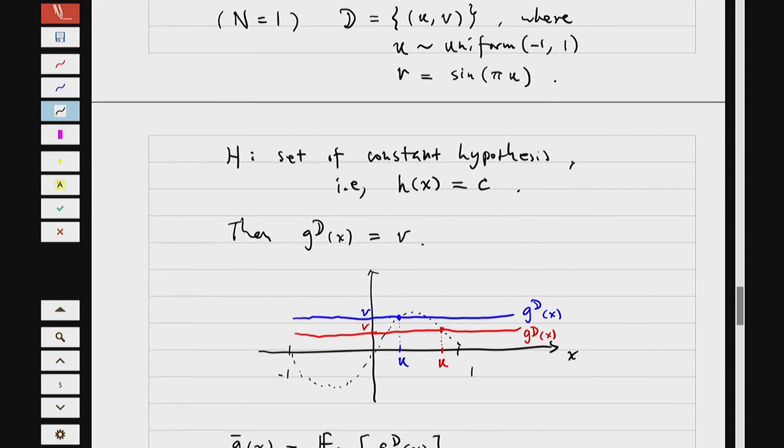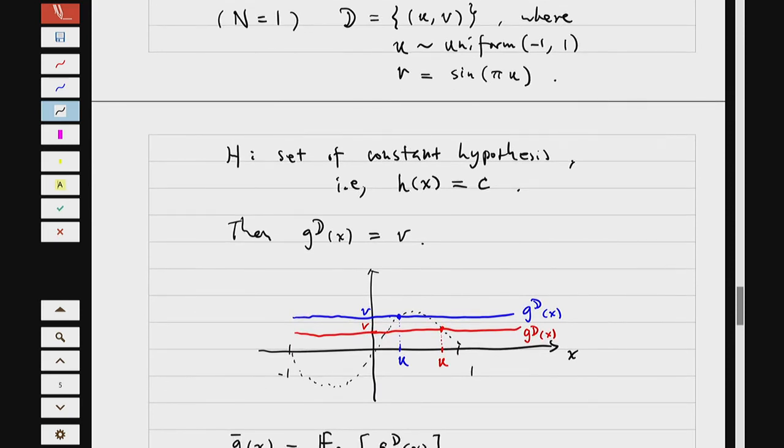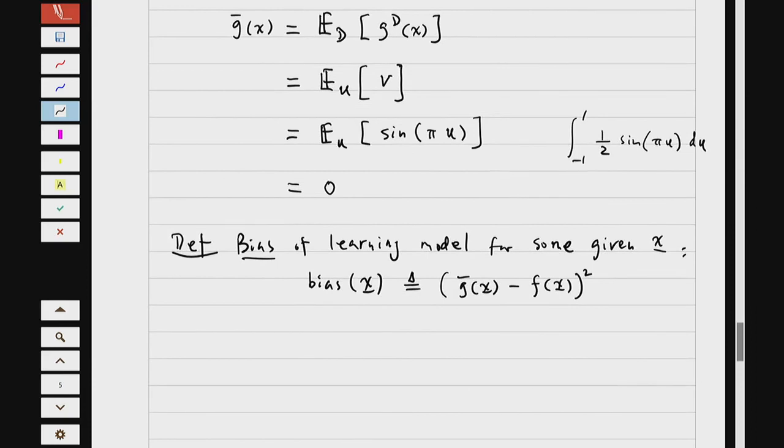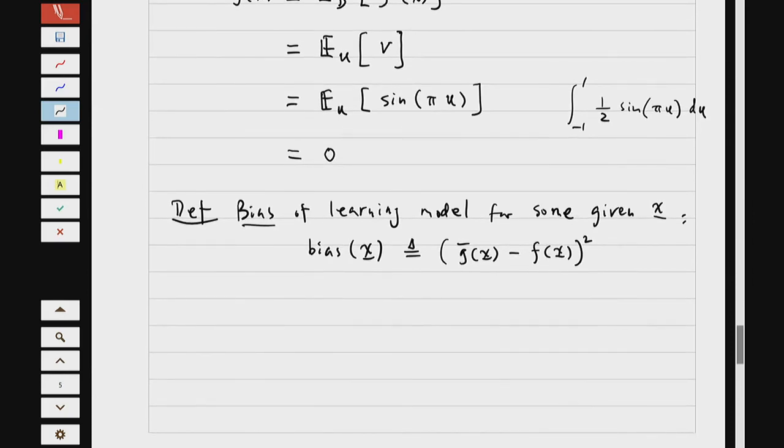Every time we have a different training data set, we get a different line, and the average of all these different lines is just this 0 line, the x-axis. Exactly. Good. And then we look at the bias: how far away is this average from f, the true target?